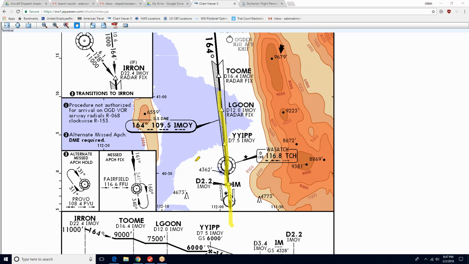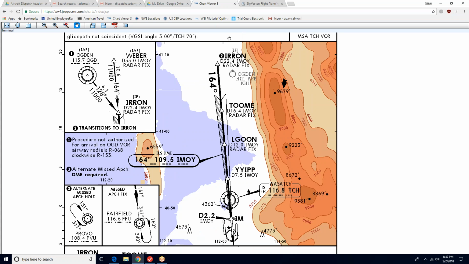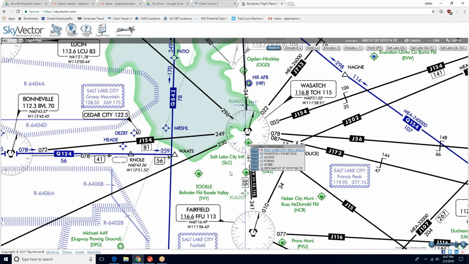The reason the 4,800 is significant is because once you get to 4,800, that's where you're going to turn, and you're following the 341 radial down to the Fairfield VOR. So if you come into here, let's take a look at it in here.